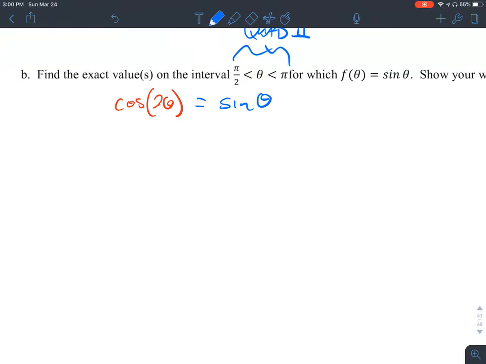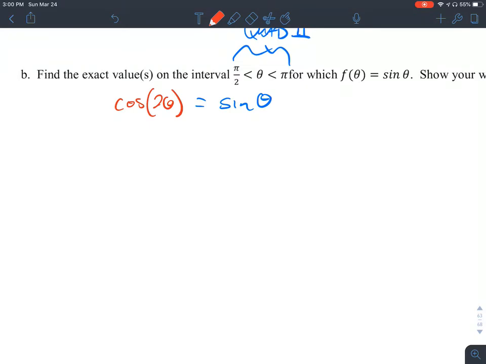Well, there's different ways to do this. Might be easiest conceptually to get this all in terms of sine. That's what I'm going to do.